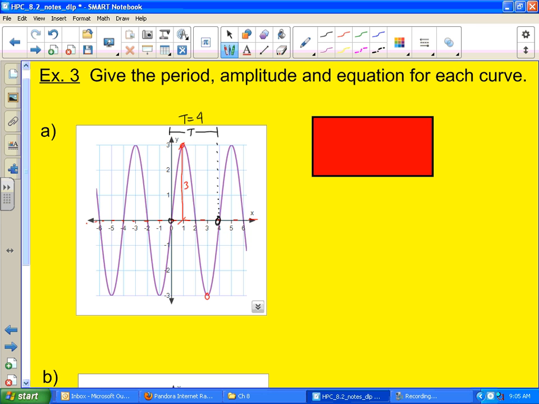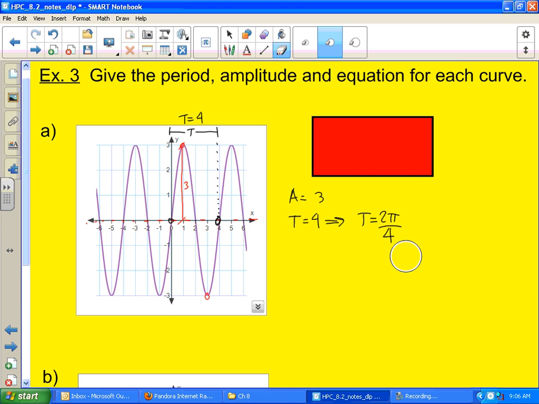So if our A is supposed to be a 3 and our period is a 4, then the period, through this equation, is 2 pi over B. Well, we're solving for B this time.